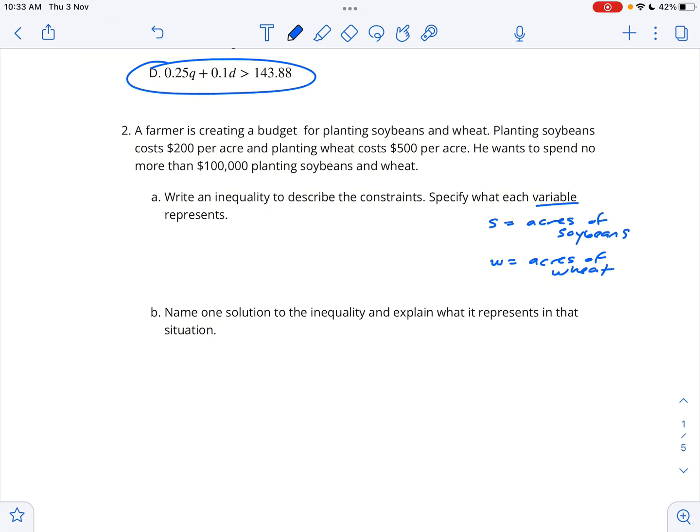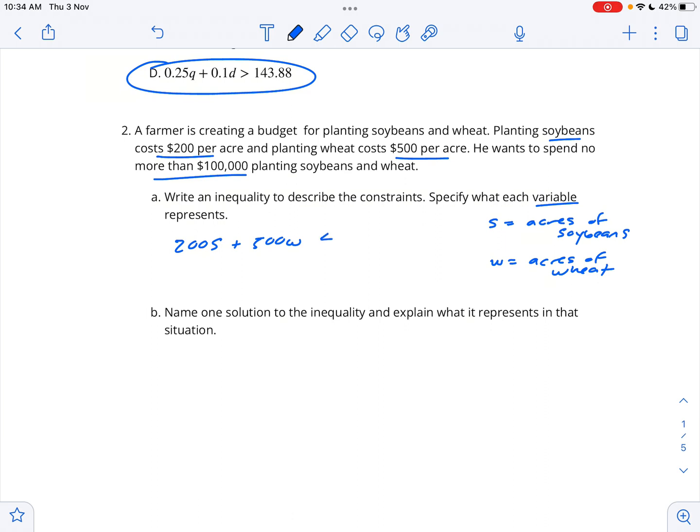And the inequality is going to be, it costs 200 per acre for the wheat, so that's going to be 200W, and, I'm sorry, the 200 is for the soybeans, so that's going to be 200S, plus it costs 500 per acre for the wheat, so that's 500W, and he wants to spend no more than $100,000.